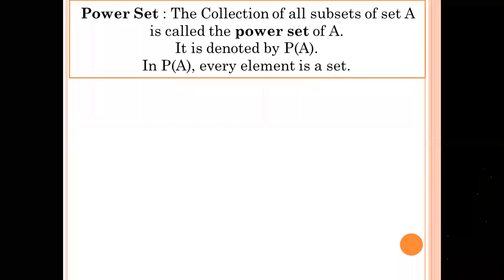All these things we have done. So the next topic is power of a set.